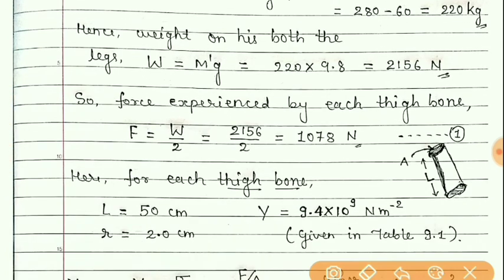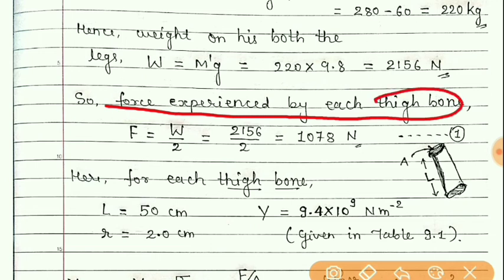So now students, this is the total force on both the bones. So on one bone it will be half of that. So each bone will experience 1078 Newton force.